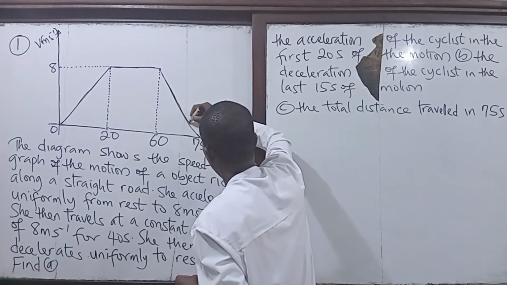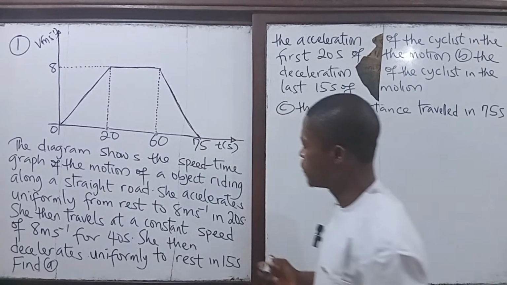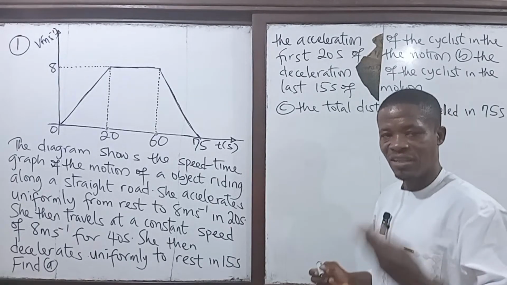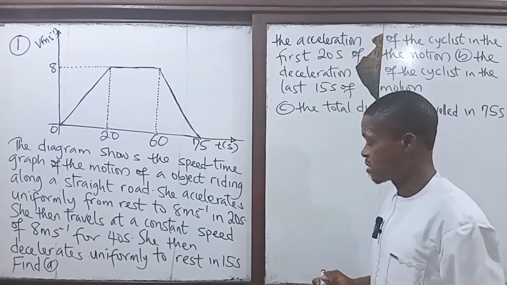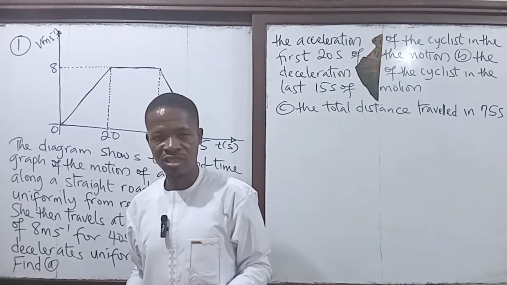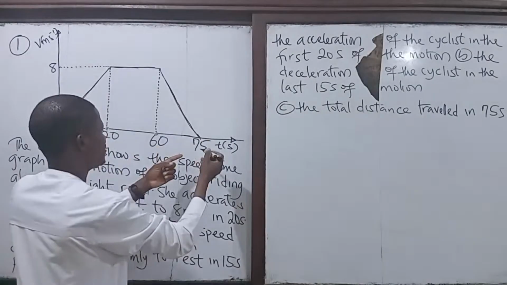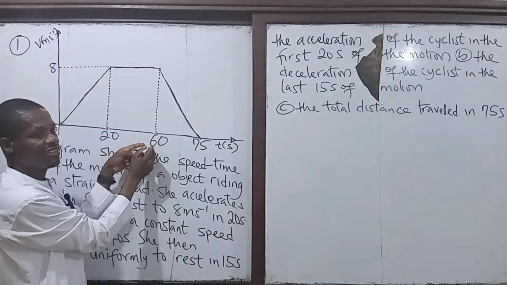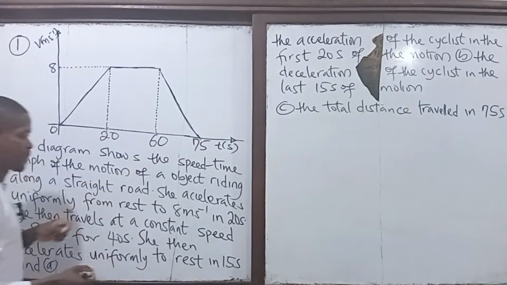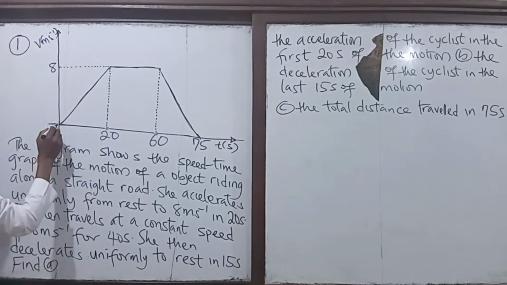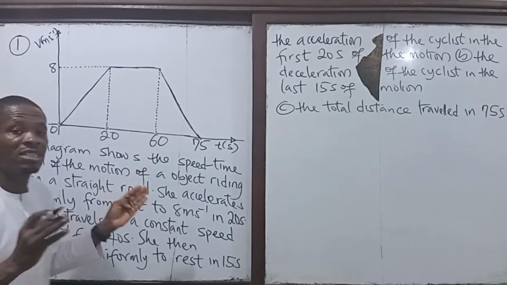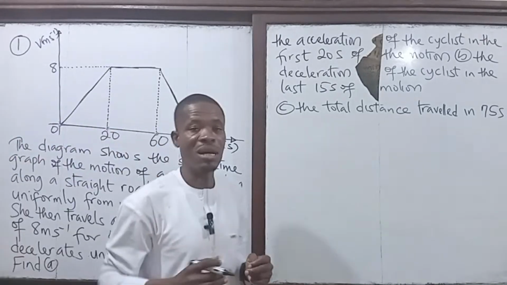She decelerates uniformly to rest in 15 seconds. So you add the 15 to the 60, making 75. So 75 is the total time from the beginning to the end, the total time consumed for that motion.